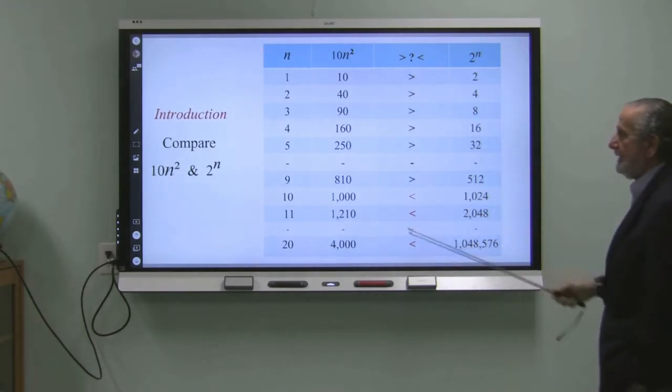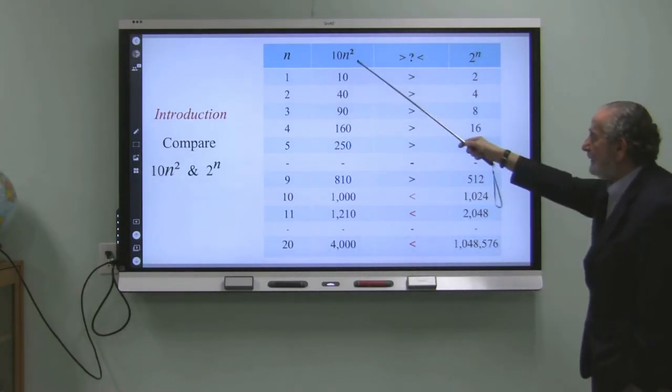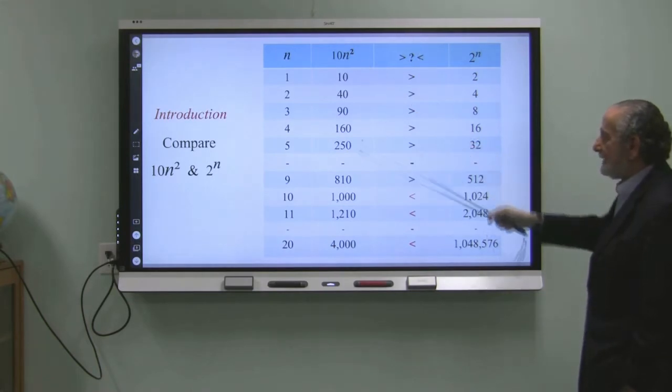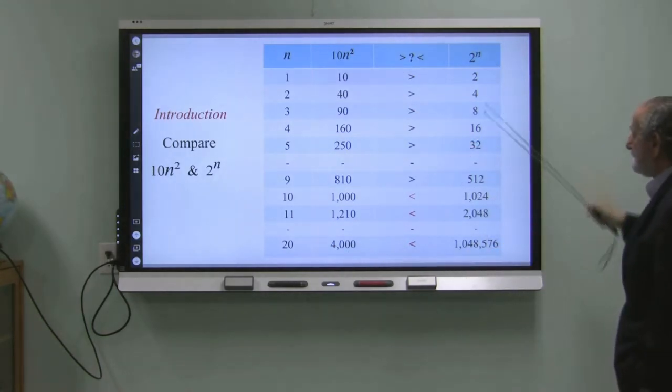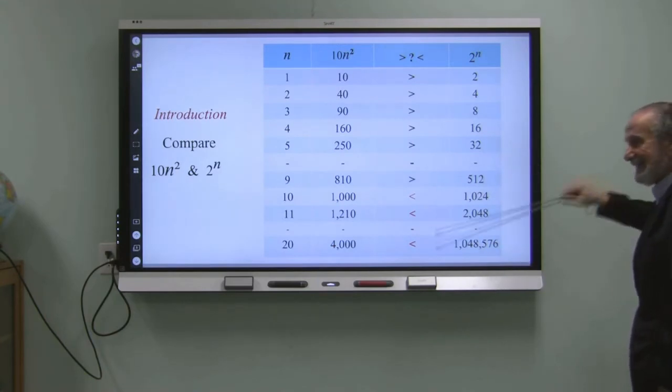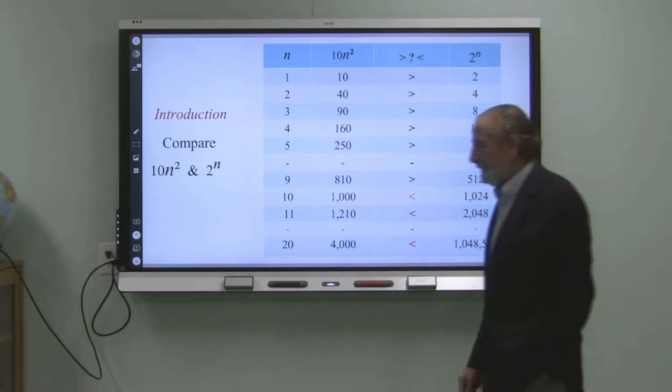Then we can see the difference. In this case, the algorithm that solves the problem with 10n squared is cheaper, much better than the algorithm that solves the same problem with 2 to the power n operations.